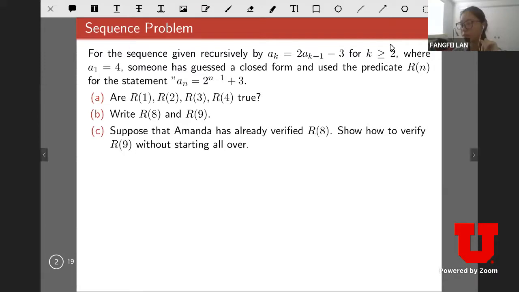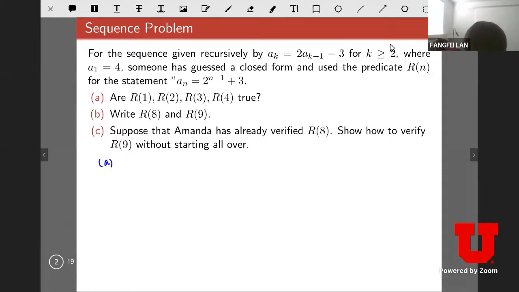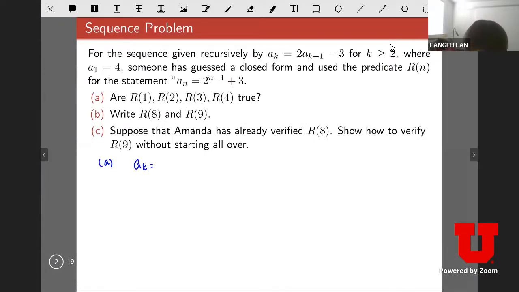All right, so let's start. If we use the recursive formula, A_k is equal to 2A_(k-1) minus 3, right?